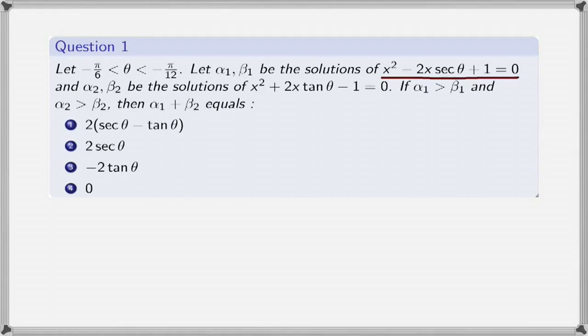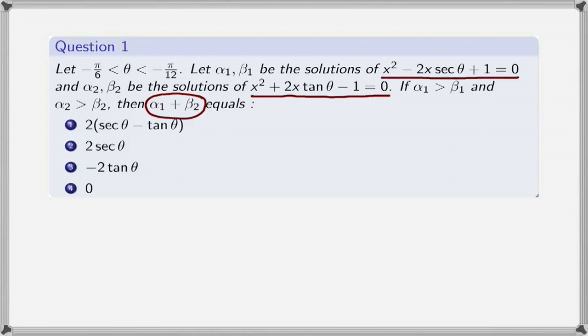And alpha 2 beta 2 are the solutions of the quadratic equation x square plus 2x tan theta minus 1 equals to 0. We are also told that alpha 1 is strictly bigger than beta 1 and alpha 2 is strictly bigger than beta 2. Then our job is to find out what is alpha 1 plus beta 2. And to do that, we have to find out what are alpha 1 beta 1 and alpha 2 beta 2.